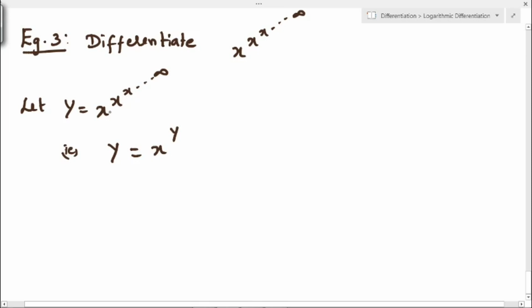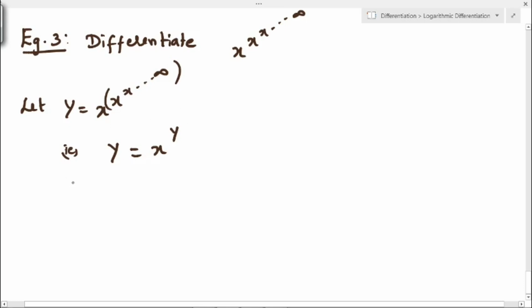Because we have the base x and the power values are x power x and so on till infinity. So this is again nothing but y, right? Because x power x to the power x and so on infinity, that is again y. So in the place of x power x to the power x infinity, I just wrote it as y. This equation can also be written as y equal to x power y.